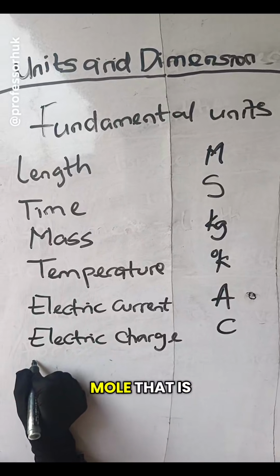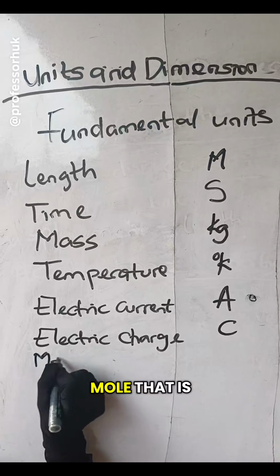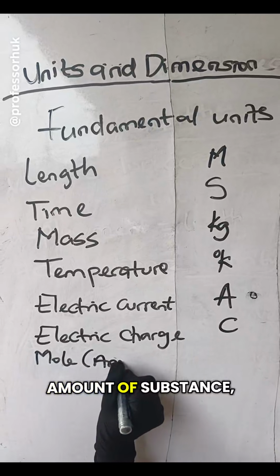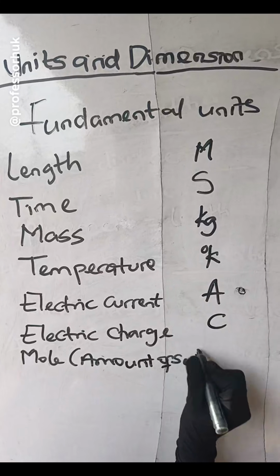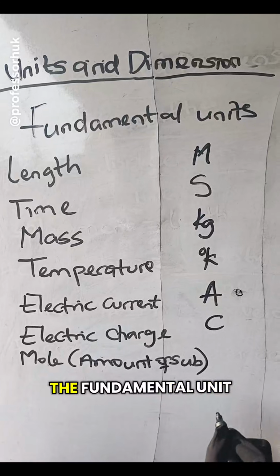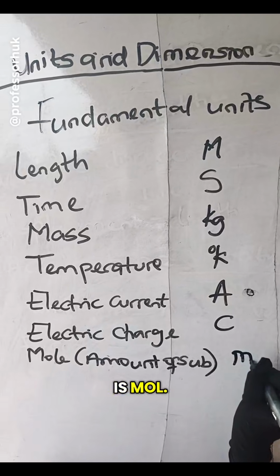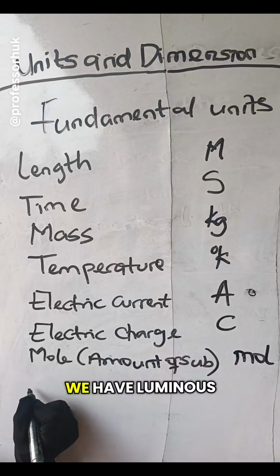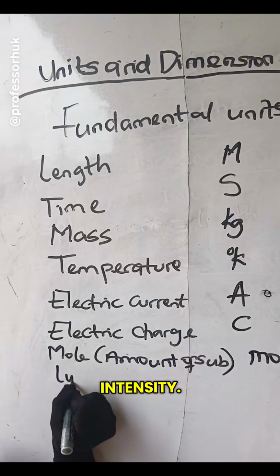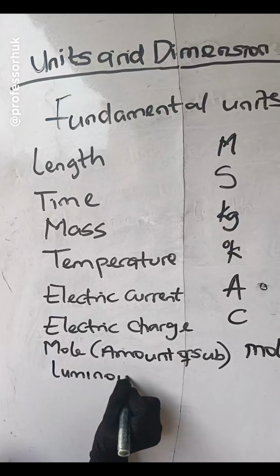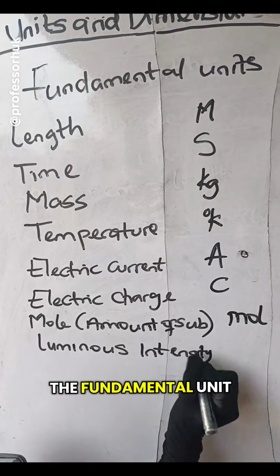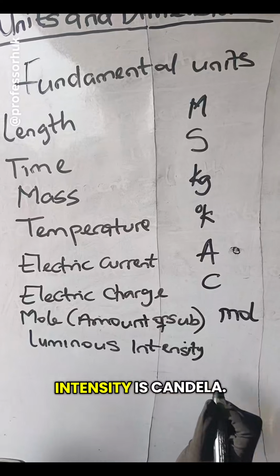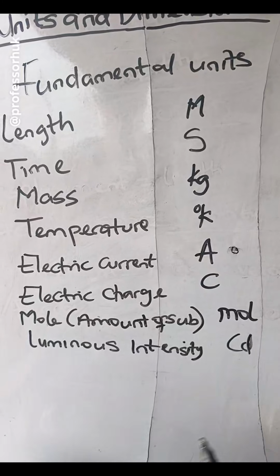We have our mole, that is amount of substance. The fundamental unit of our mole is mole. We have luminous intensity. The fundamental unit of our luminous intensity is candela.